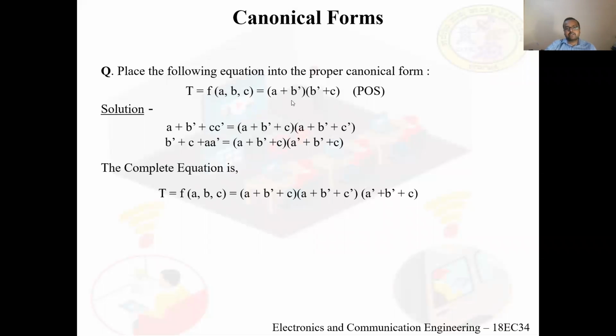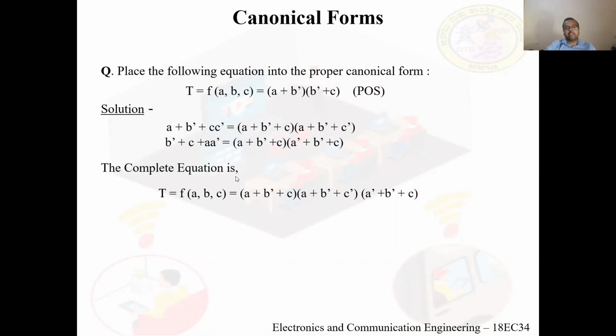So in the first OR term, see which variable is missing. A or B bar is the odd term. To this, what do we add now? C ANDed with C bar, as it is a POS form here. So now with the help of distribution property, you can write this as (A or B bar or C)(A or B bar or C bar). Similarly, for the second OR term, you can write it as B bar or C, or A bar ANDed with A: (A or B bar or C)(A bar or B bar or C).